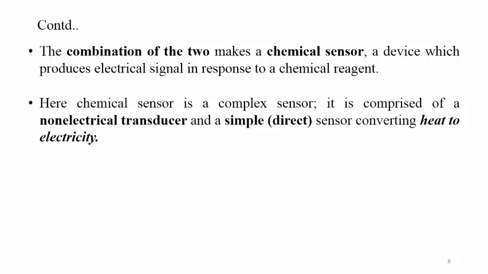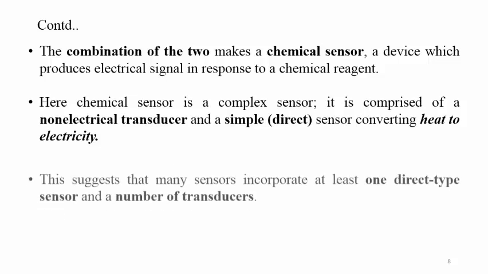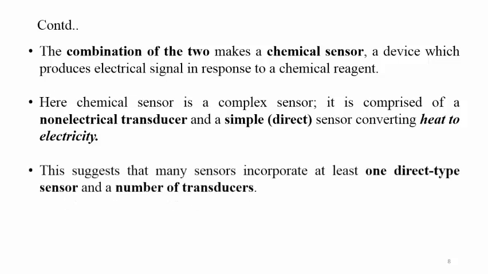In this case the chemical sensor is a complex kind of sensor. It is comprised of a non-electrical transducer and a simple or direct sensor, which is responsible to sense the heat and to produce the electrical signal.